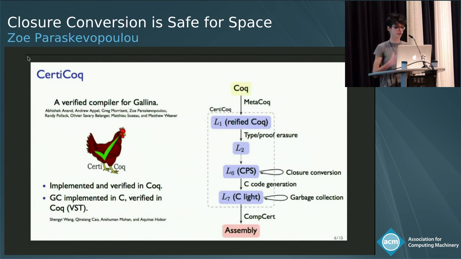Then, in continuation-passing style code, we perform closure conversion. After closure conversion, all functions are closed. We can hoist them up to the top level, and then the program enjoys a straightforward translation to C. Our compiler also features a verified garbage collector, which is implemented in C and verified in Coq using VST.